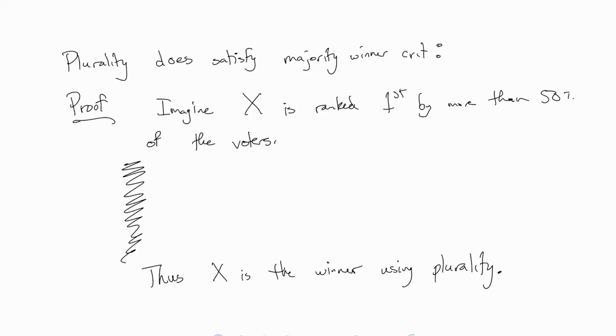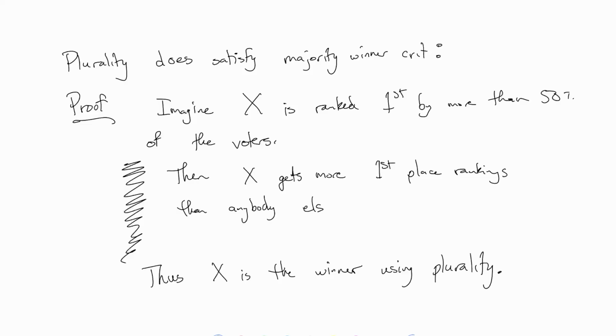Maybe I'll say it this way. There are, of course, many ways you could write this, and you don't have to say it exactly like I do, but I will say something like, then X gets more first place rankings than anybody else. Right?